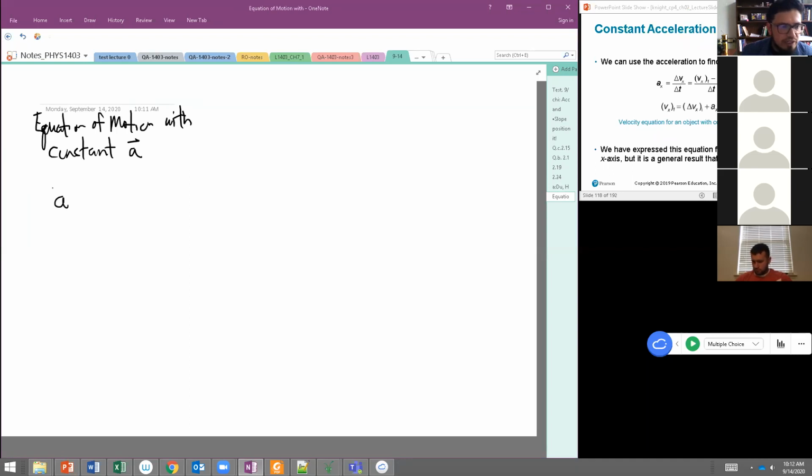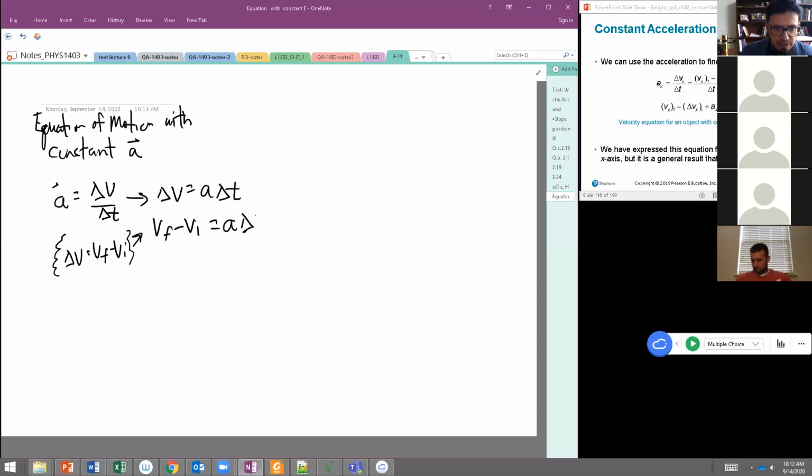I've already said acceleration is delta V over delta T. You can rewrite it so that delta V is equal to A times delta T. If we remember that delta V is the final minus the initial, we have final velocity minus initial velocity equals A times delta T. So essentially, you have an equation to solve for the final velocity after some time interval.